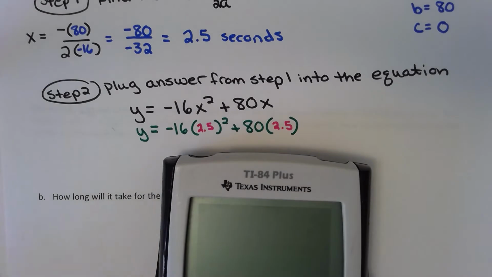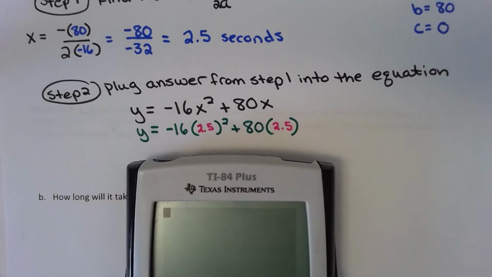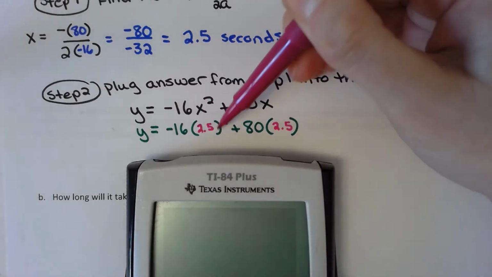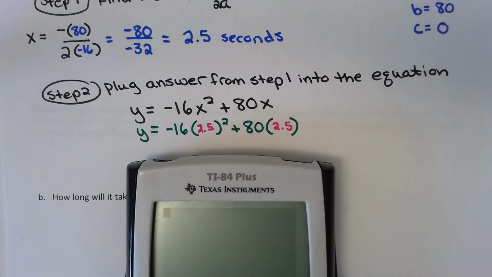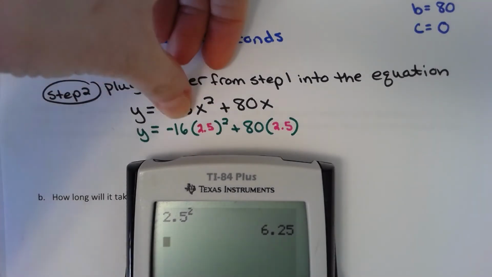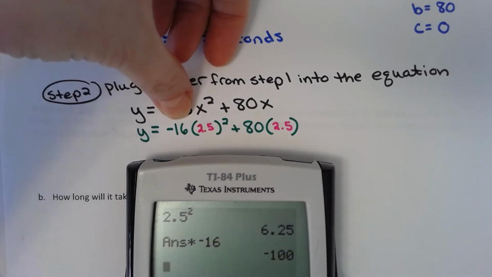Okay, when we did PEMDAS, parentheses, exponents, multiply, divide, add, and subtract. Parentheses step means simplify inside parentheses, so we don't have to do that. The next thing would be the exponent. So I would be doing 2.5 squared, which gives me this. And that is attached to the negative 16 right here, so I would multiply it by negative 16, which gives me negative 100.